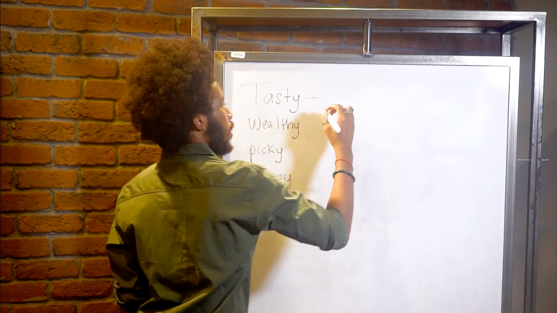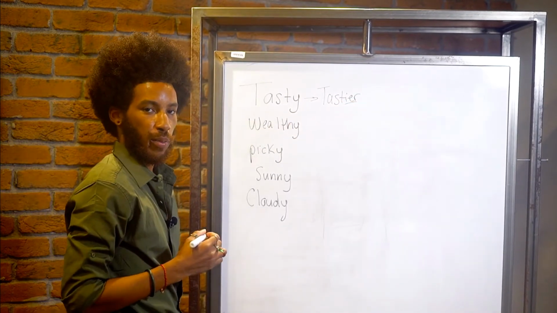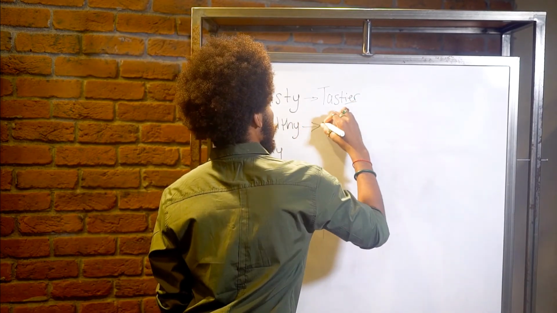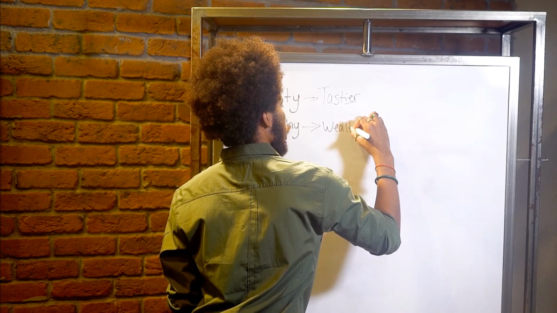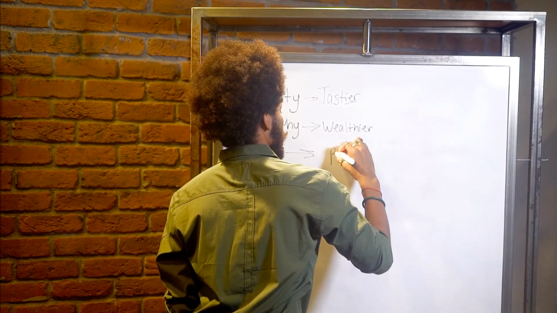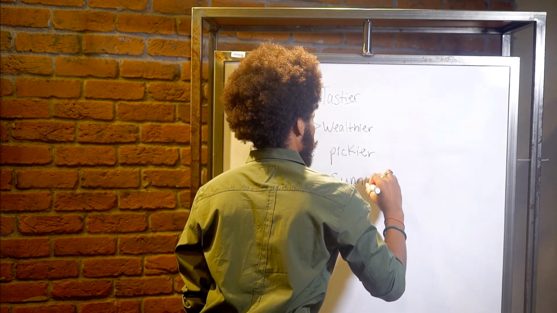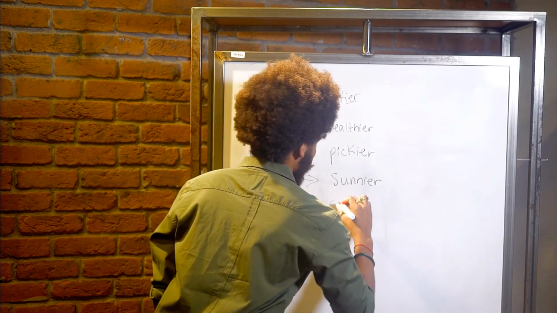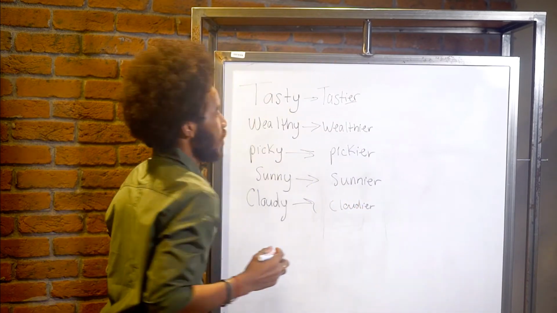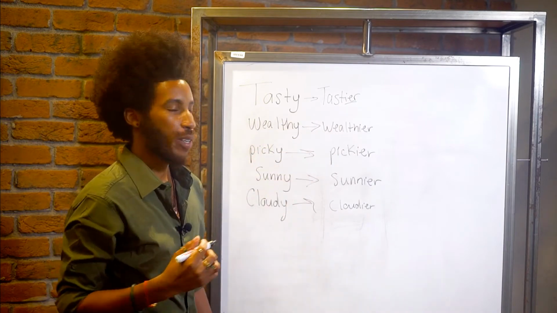Tasty becomes tastier for the comparative form. Wealthy becomes wealthier for the comparative form. Picky becomes pickier. Sunny becomes sunnier. And cloudy becomes cloudier. You see, we simply dropped the Y and added IER for the comparative version.